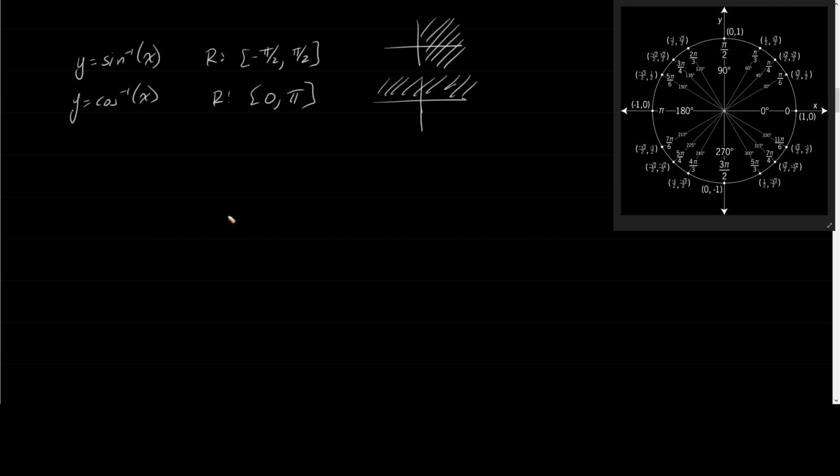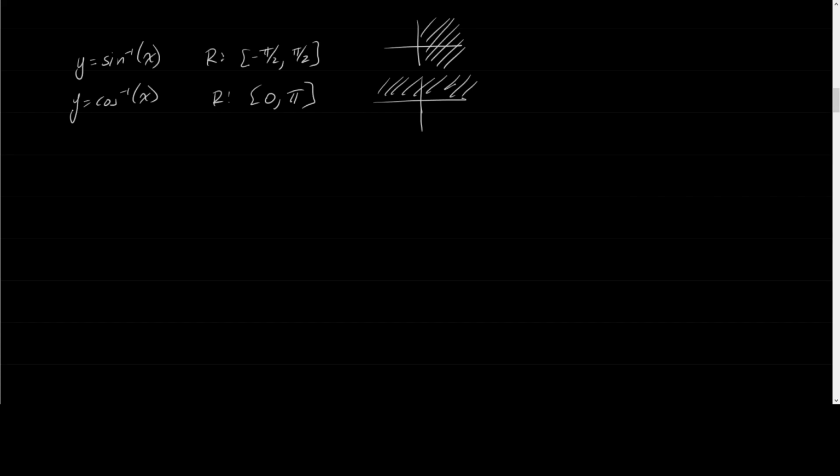Well, if you look at this unit circle, we know that down here is 3 pi over 2, but it is also coterminal to -pi over 2, right? So if I look at these angles right here as negative angles, 11 pi over 6 would be -pi over 6, 7 pi over 4 would be -pi over 4, 5 pi over 3 would be -pi over 3, and 3 pi over 2 would be -pi over 2, meaning that this entire half on this side would be in the range of sine inverse.